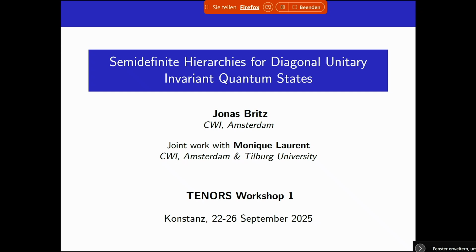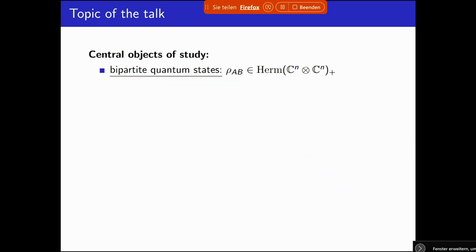Okay, so let's jump right in. So let's define the basic objects of study. So we are going to be interested in bipartite quantum states. So every quantum system comes associated with a Hilbert space, which in our case is just going to be C to the n always.